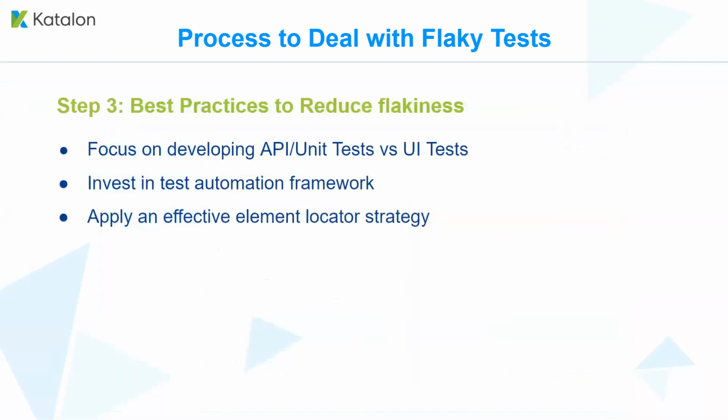Based on working in this industry as an automation engineer for quite a number of years, this is my own personal experience, and even in the testing community they have a similar thought process: to overcome flakiness, first you want to focus more on API and unit tests versus UI tests. By nature, API and unit tests are less flaky than UI tests.